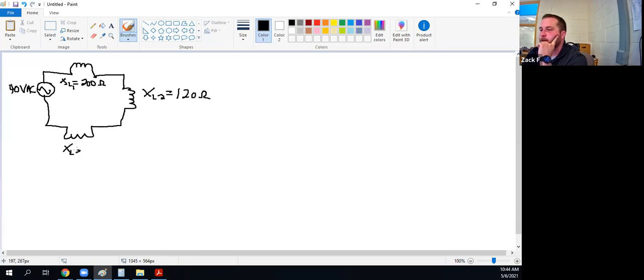This inductor has a reactance of 190 ohms. What would your total inductive reactance be?